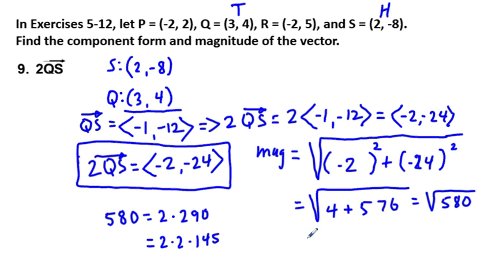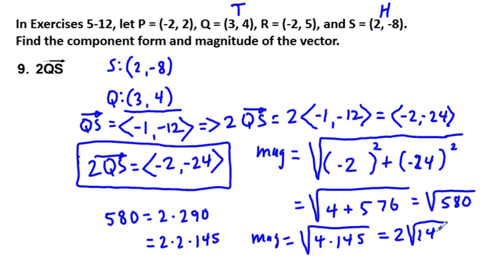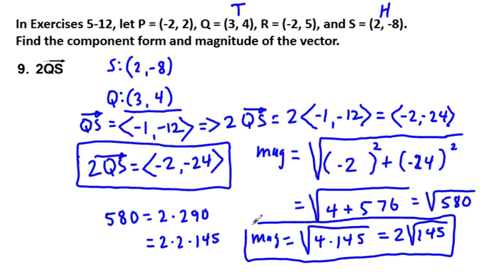And so what we have is the magnitude equals the square root of 4 times 145, and we can pull our 4 outside the radical, so we have 2 times the square root of 145. So that's our magnitude. The square root of 580 is probably good too. You don't need to get all crazy. Simplest radical form.